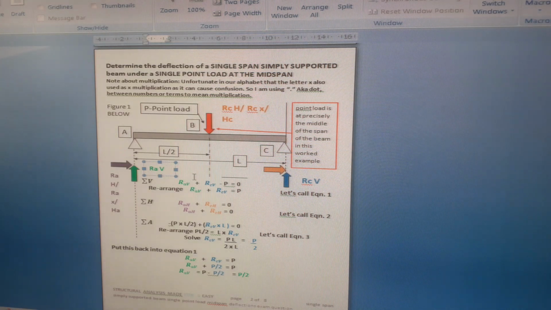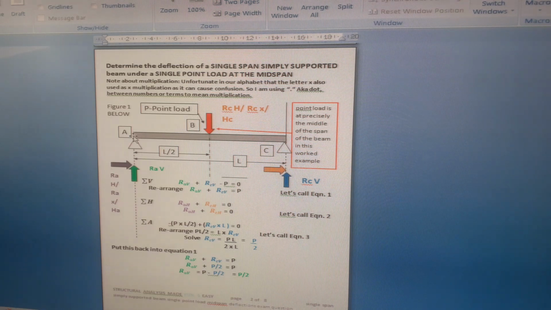So what you do here, step 1 is, as many times as you've gone over it, static equilibrium. We've got 3 equations we can use to find support reactions for any structure, even a simple beam. That is vertical, everything applied to the beam, sum of forces equals 0. Horizontally, sum of forces equals 0.